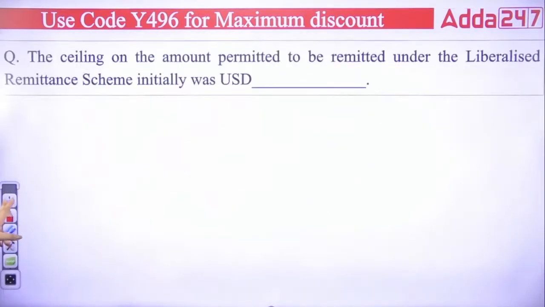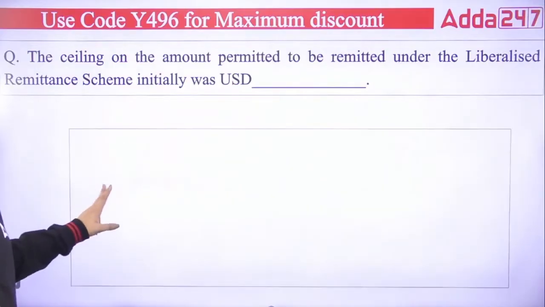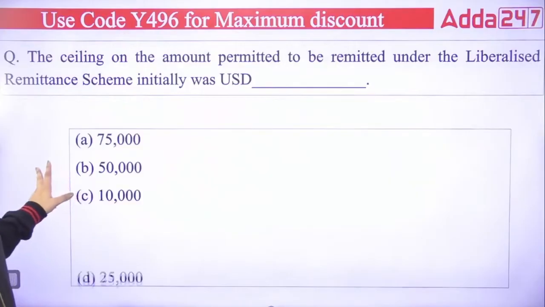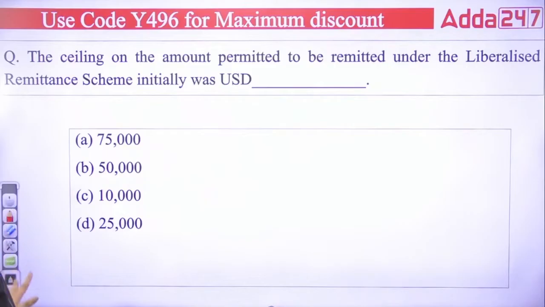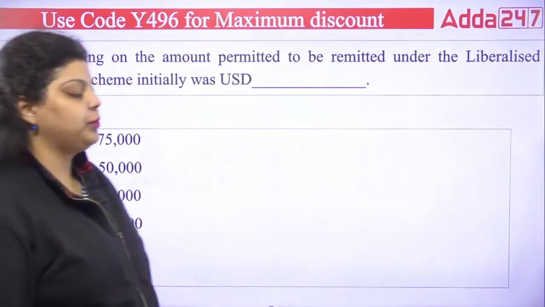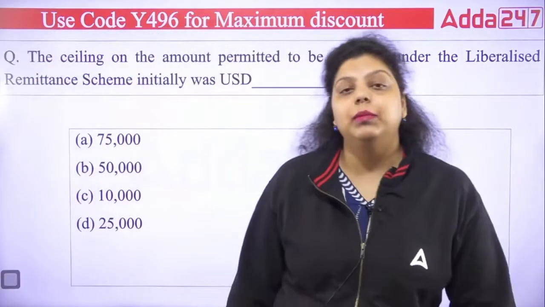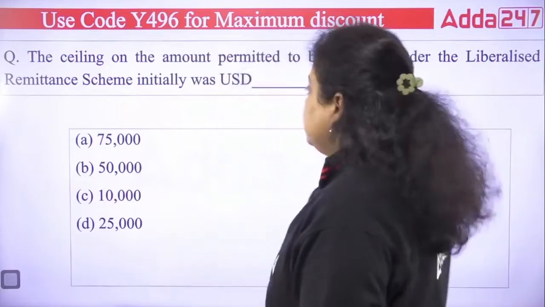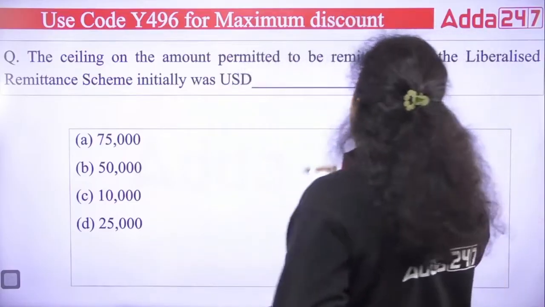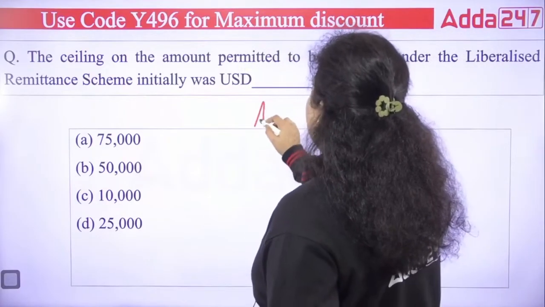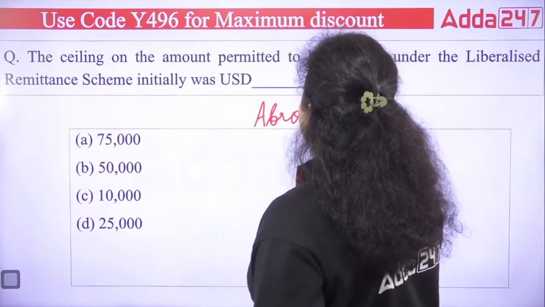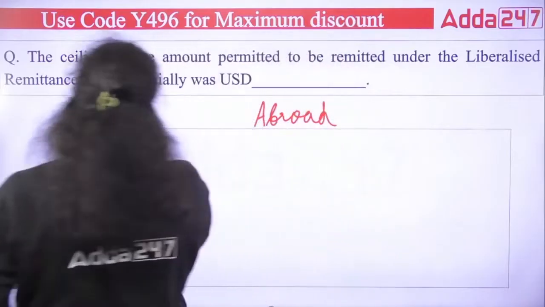Next question. The ceiling on the amount permitted to be remitted under the Liberalized Remittance Scheme initially was how many dollars? So the Liberalized Remittance Scheme was introduced by RBI in 2004, in which an outward remittance limit has been given. It means the LRS, that is the Liberalized Remittance Scheme, allows money to be transferred abroad from India.